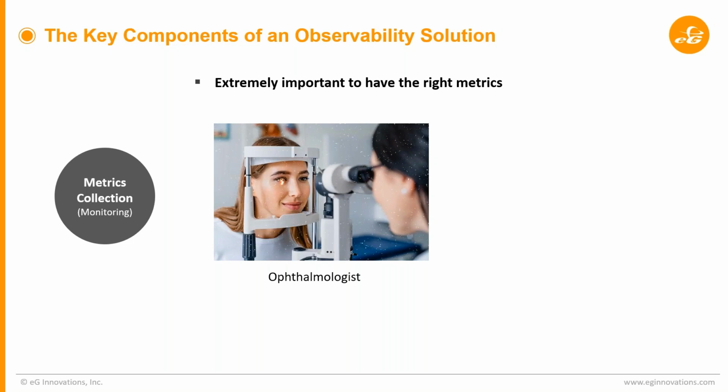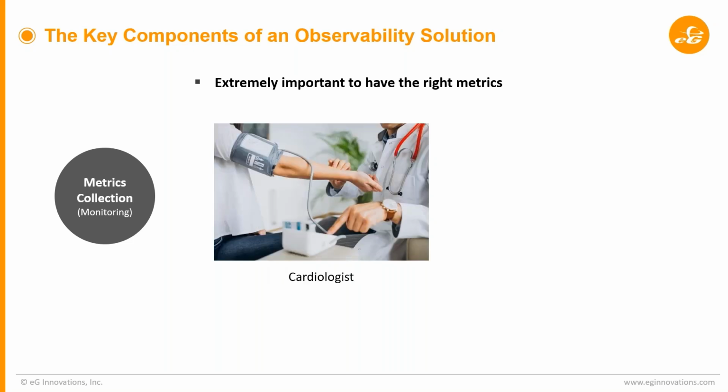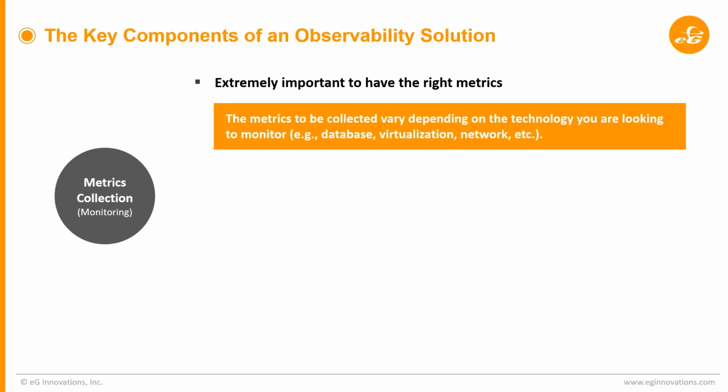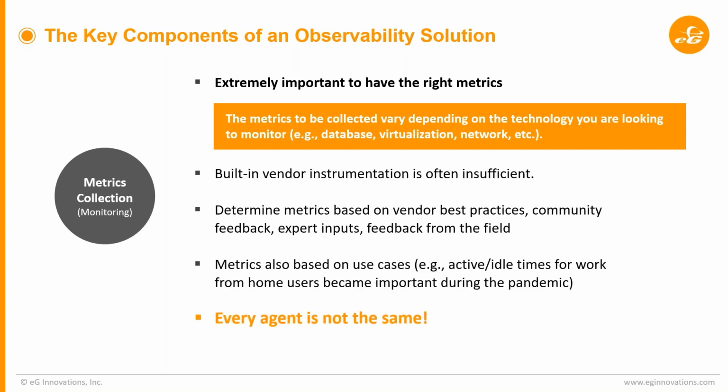At the same time, this could be very different from what your cardiologist is looking at. So clearly, different physicians, different doctors are looking for different types of metrics. In the IT world, the metrics you need to collect vary depending on the technology you're looking to monitor. So whether you're monitoring a database, a virtualization platform, or a network infrastructure, the metrics need to be very different.